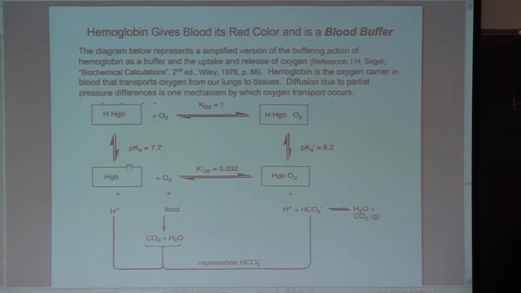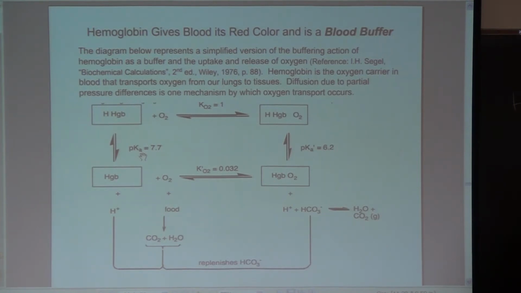Now, before we answer that question, look at the pKa. Note that the pKa of HGB is 7.7. For HHGBO2, the pKa is 6.2. So we know that the pH of our blood is 7.4.